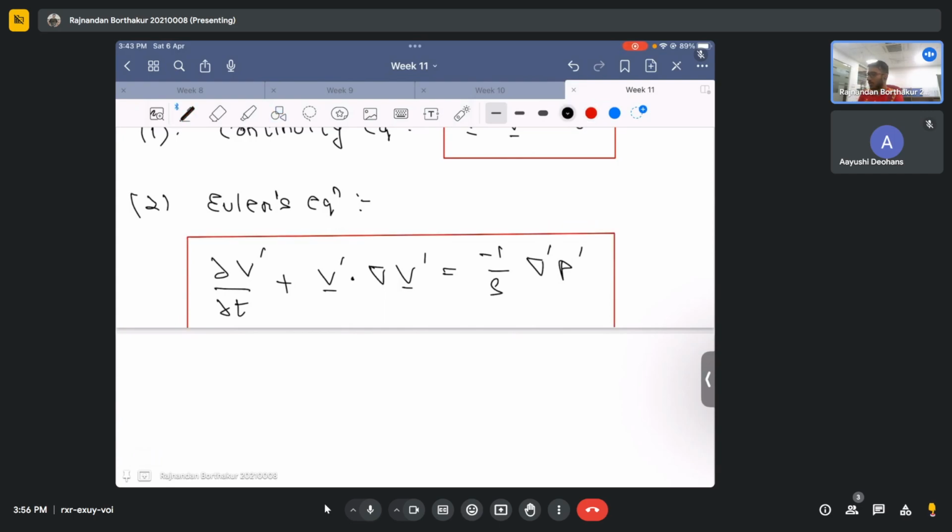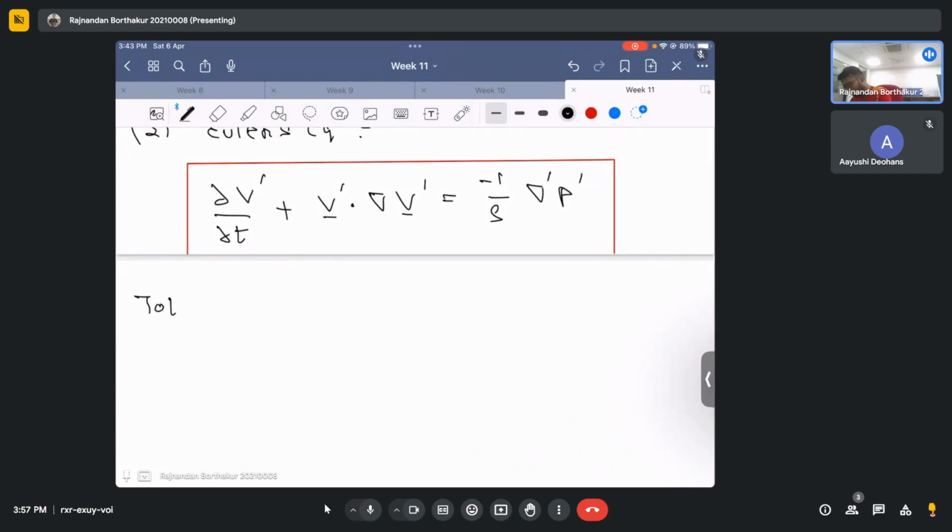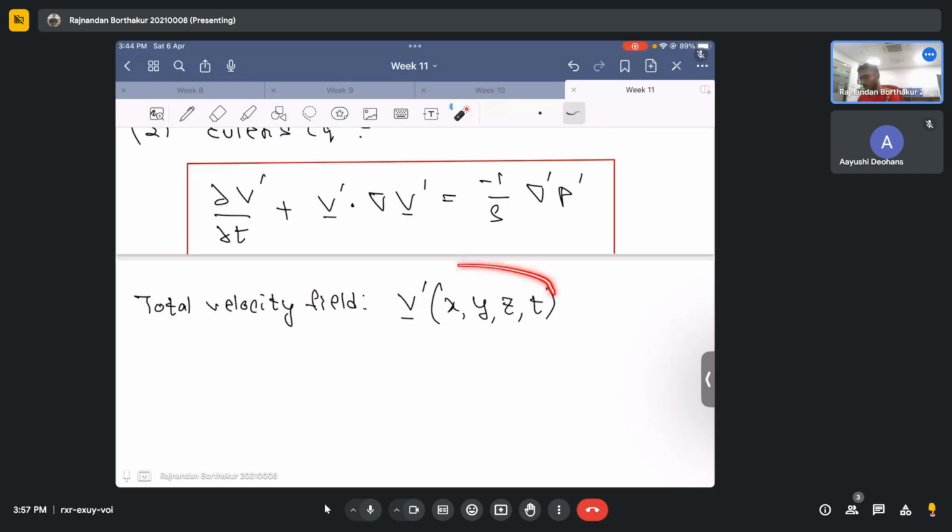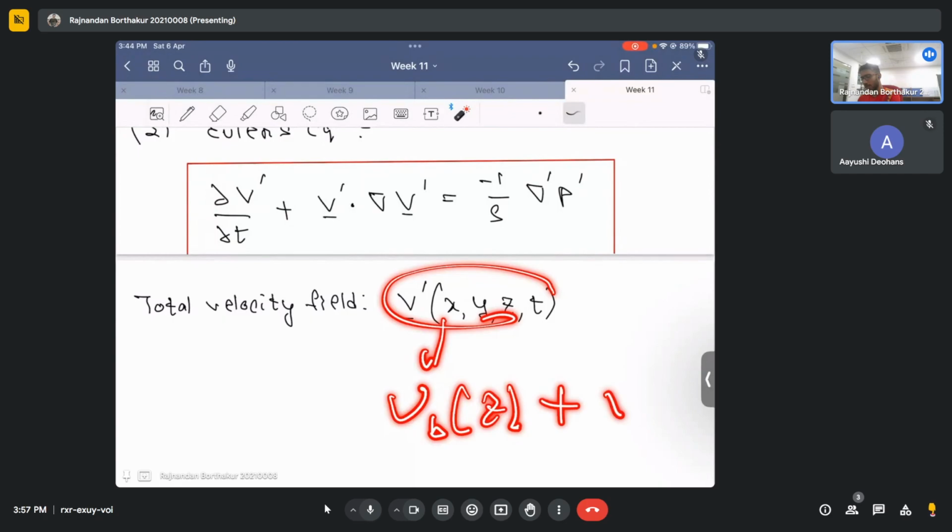Just for the sake of clarity, the total velocity field, which we denote by capital V, is essentially a function of x, y, z and time. Why? Because this total field has two terms: the base variable, which is a steady variable as a function of z, plus the perturbations, which we will denote as a small v.